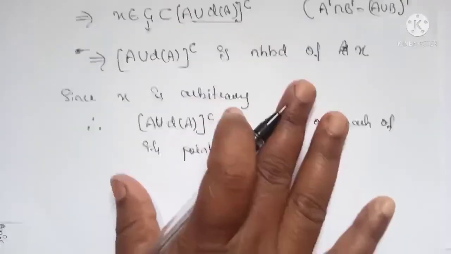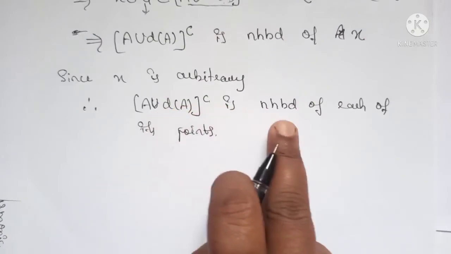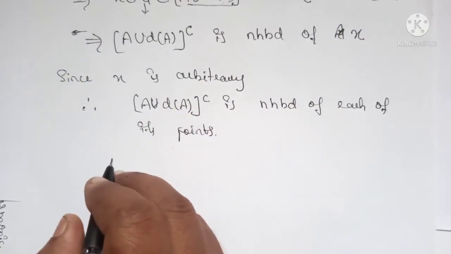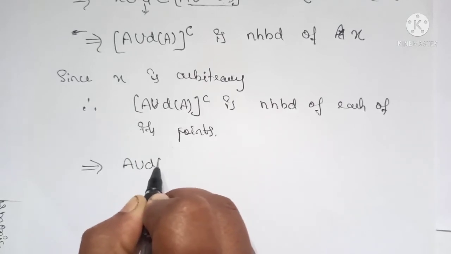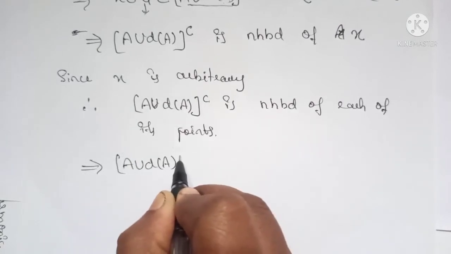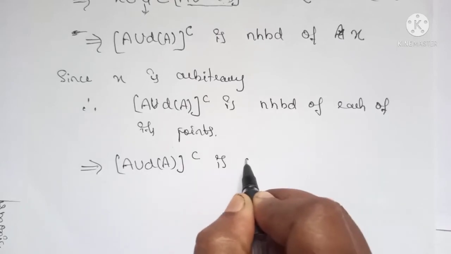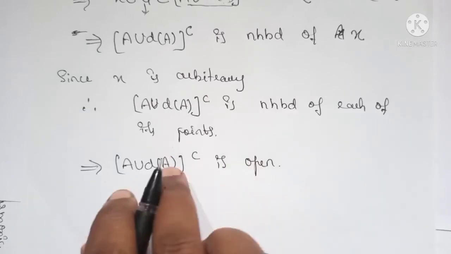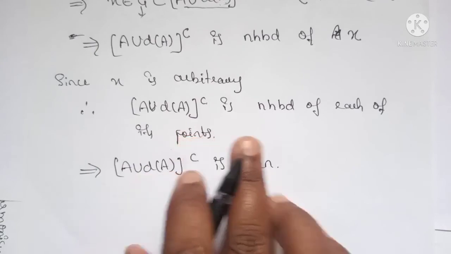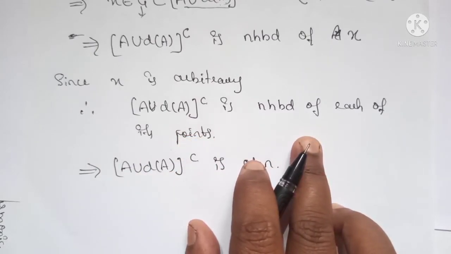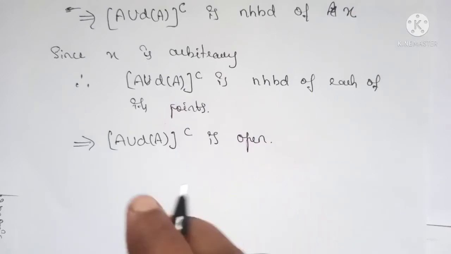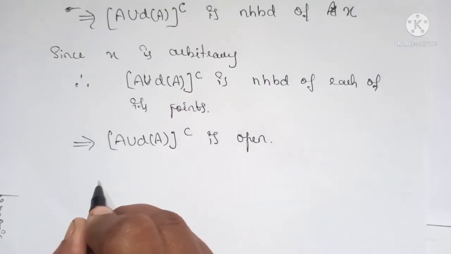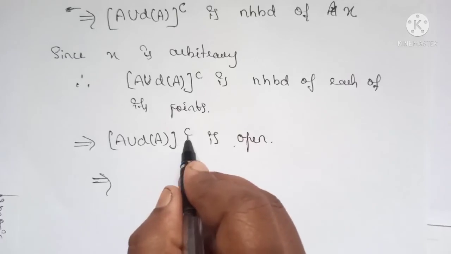Since this is a neighborhood of each of its points, by the theorem, that is, the properties of neighborhood, we have that this complement of A union D of A is an open set. Because if any set is a neighborhood of each of its points, then that set is an open set. Therefore by the properties of neighborhood we can say that this is open.